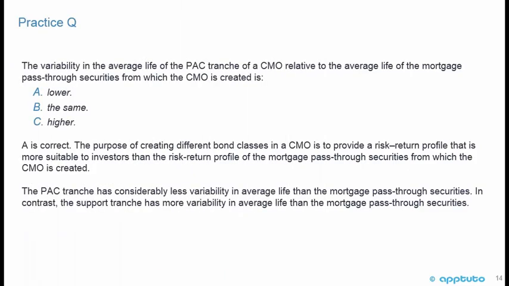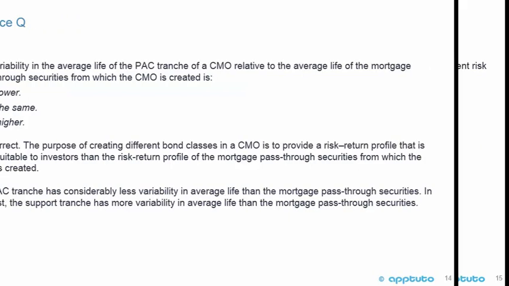The purpose of creating different bond classes in a CMO is to provide a risk-return profile that is more suitable than the risk-return profile of the mortgage pass-through securities from which the CMO is created. The PAC tranche has considerably less variability in average life than the mortgage pass-through securities. In contrast, the support tranche has more variability in average life than the mortgage pass-through securities.